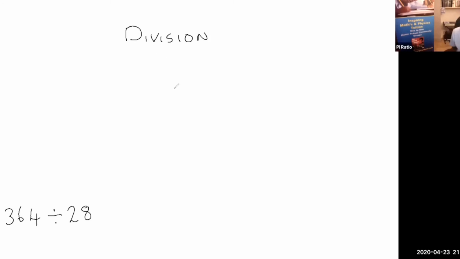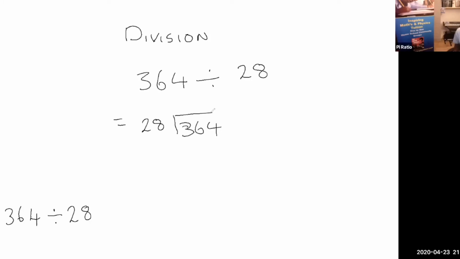Number 5, 3640 divided by 28. I'll do it under here. That simply equals 28 on the outside, and then you do 3, 6, 4 on the inside. 28 doesn't go into 3, so you just join it with that one. No need to put a 0.